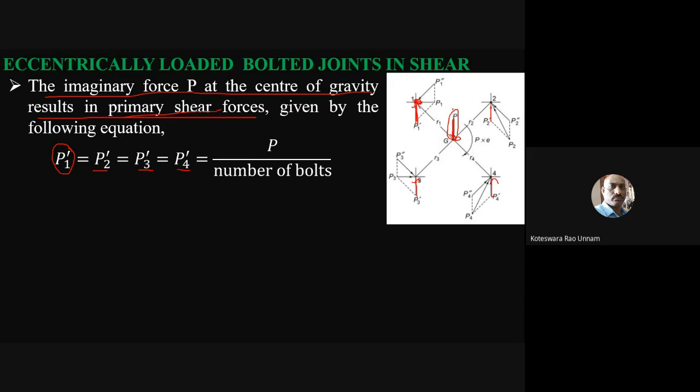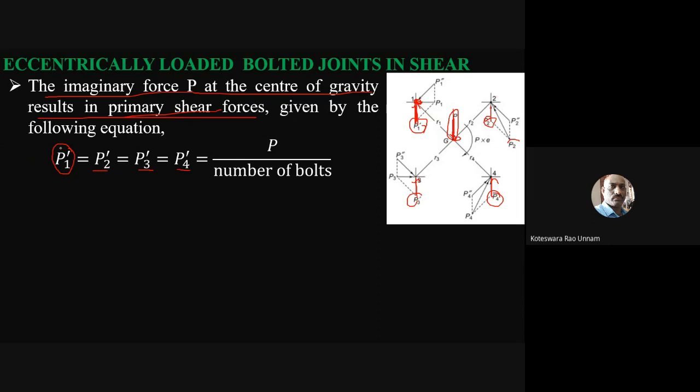Here the applied force is vertically downward, so this is going to be vertically upward. And the magnitude of P1 dash, P2 dash, P3 dash and P4 dash is the same. Why? Because we are assuming all have the same diameter.